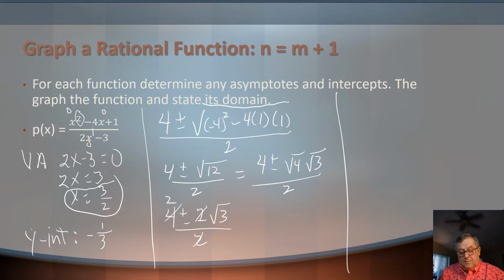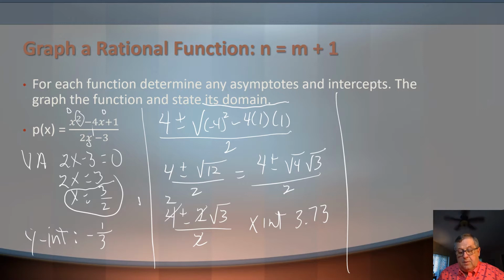Okay, so let's try that on. Let's say we got 2 plus the square root of 3. What does that equal? 3.73, okay. So we've got an x-intercept at 3.73, and let's do 2 minus the square root of 3.